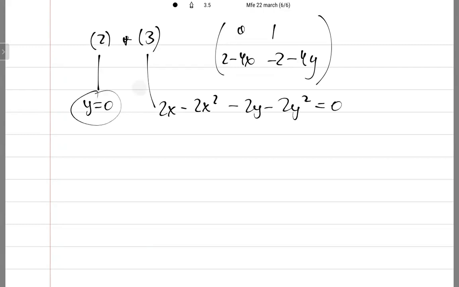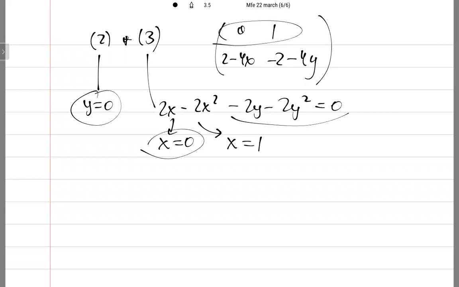So y is 0. I conclude that either x is 0, or x is 1, but that's not possible, because I'm considering x greater than 0. The first one is non-active. In just a moment, I will answer the question in chat.